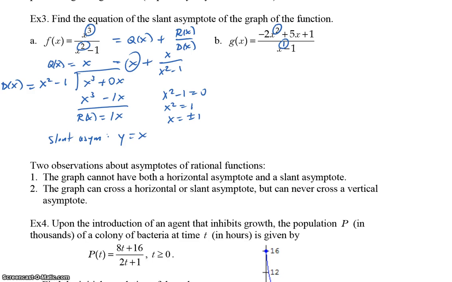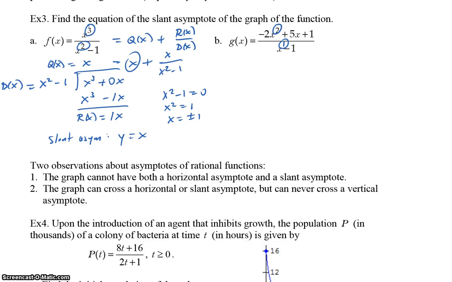So to find it, we need to do a division. However, because the denominator has the form x minus c, we can actually use synthetic division to do the division here, rather than long division. Now you could use long division if you want, but it's not always necessary to use long division to find the equation of a slant asymptote.